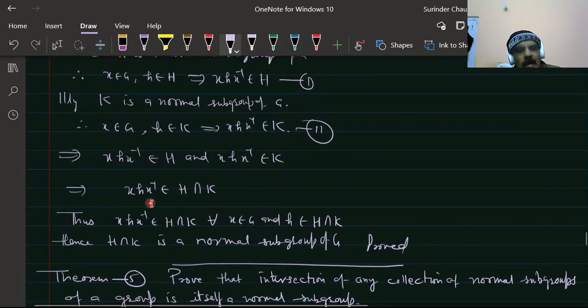So x h x inverse belongs to H intersection K. Thus, x h x inverse belongs to H intersection K for all x belongs to G and h belongs to H intersection K. Hence H intersection K is a normal subgroup of G.